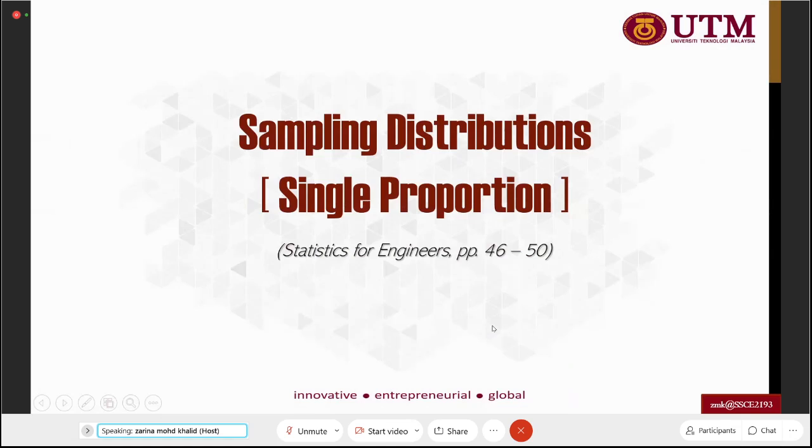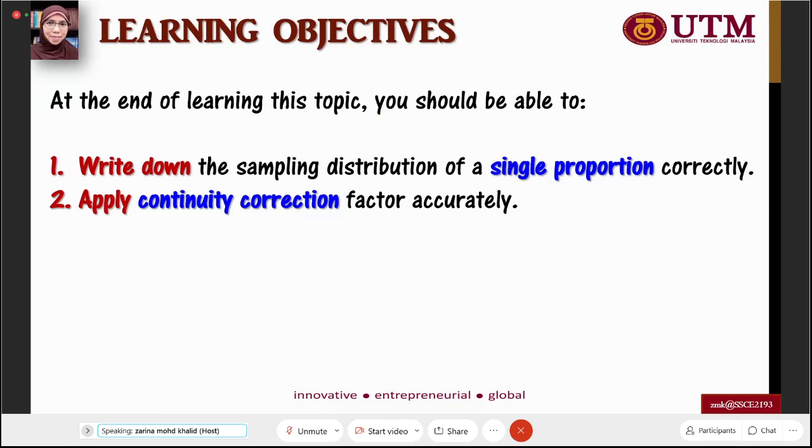It could be mixed up with the first topic when we deal with X bar, especially when we sample from a non-normal distribution. Once you are clear on the random variable, which is the single proportion, and you get the distribution, before you can calculate the probability, you need to consider the continuity correction factor first, and only then should you be able to calculate the probabilities related to this particular variable.